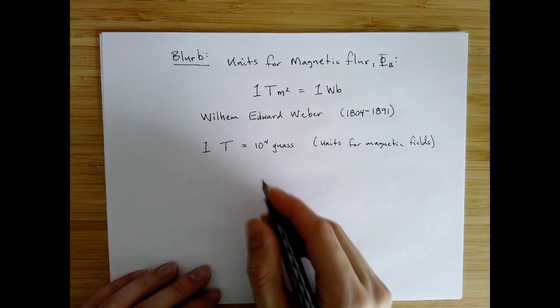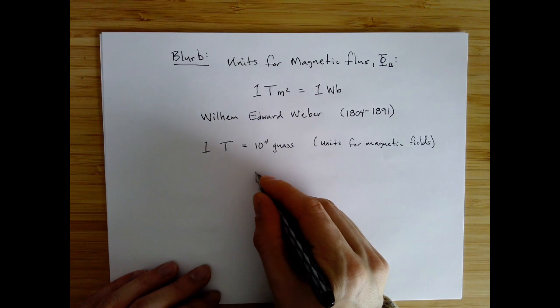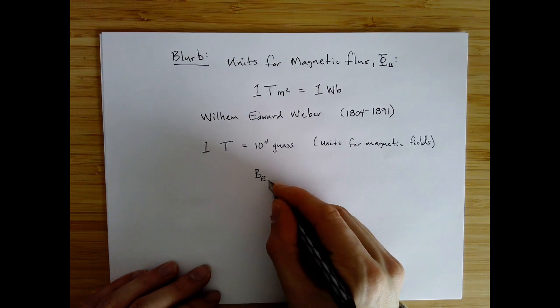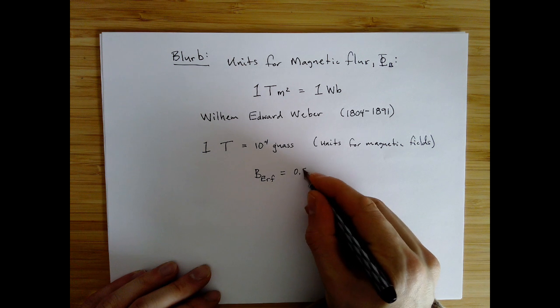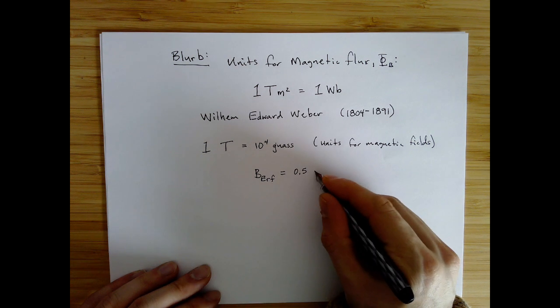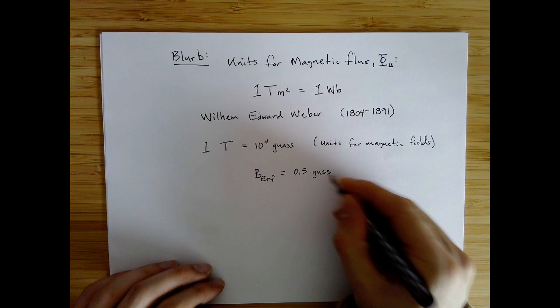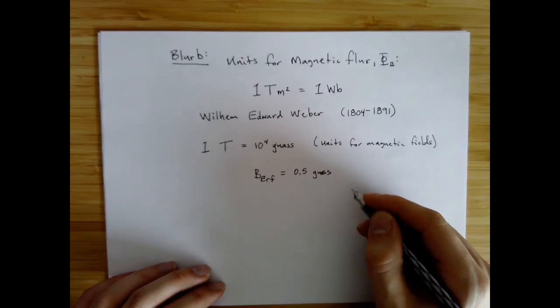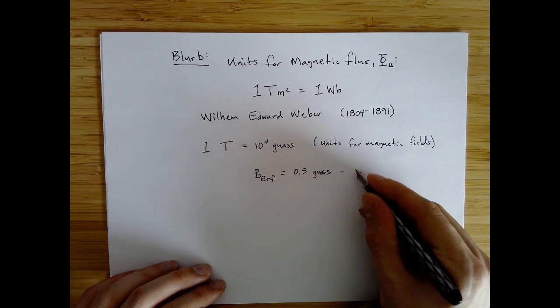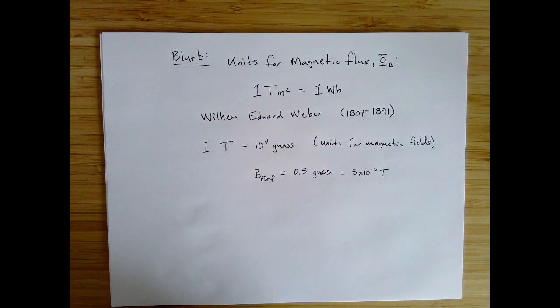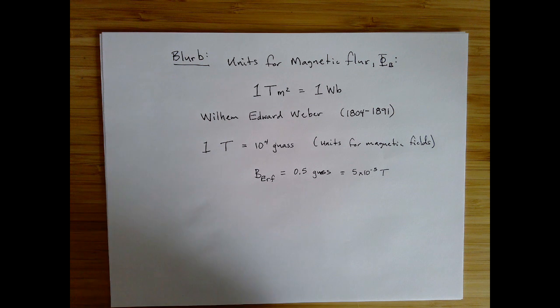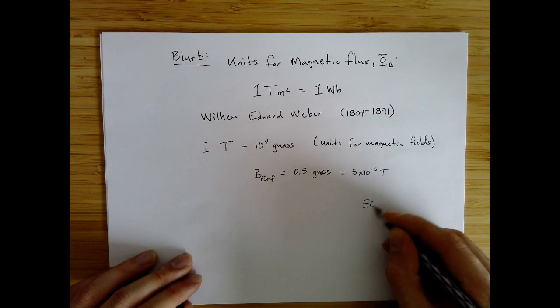Just to give you an idea of what a Gauss is, Earth's B field is about 0.5 Gauss, which would be approximately 5 times 10 to the negative 5 Tesla. That's the end of our blurb on units.